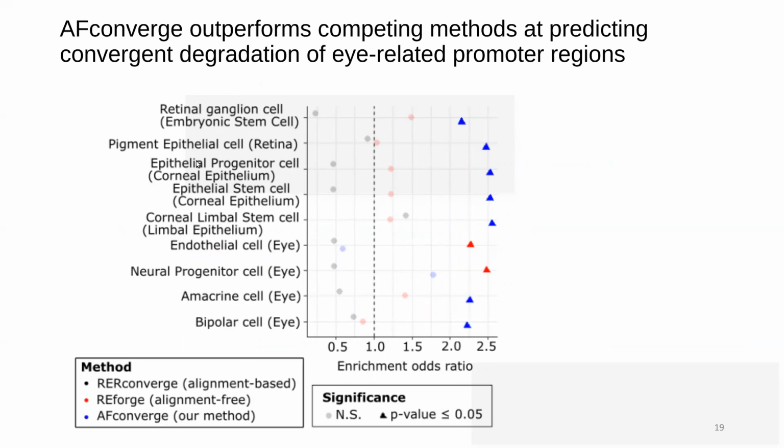It's showing enrichment for most of these things and doing this usually quite a bit better than the competing methods. AFforge is an alignment-free method, but it's supervised in the sense that you have to know which transcription factors you're looking for. So for the most part, AFconverge performs the best in terms of finding eye-related elements.